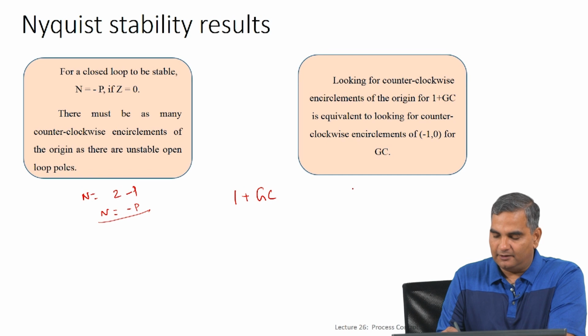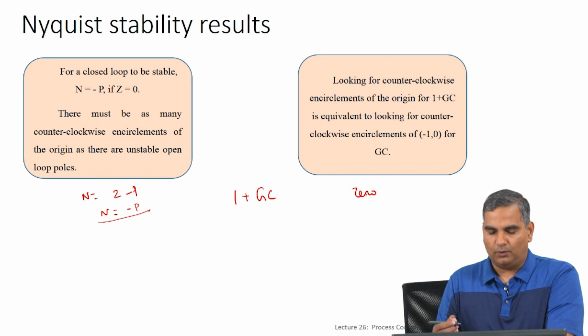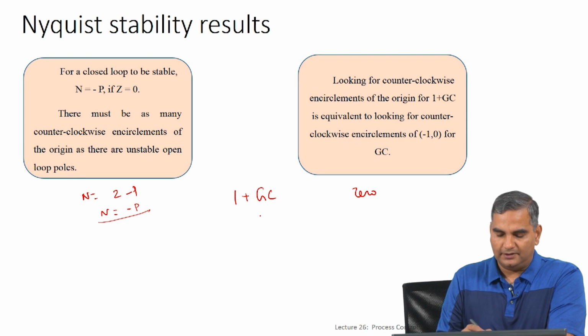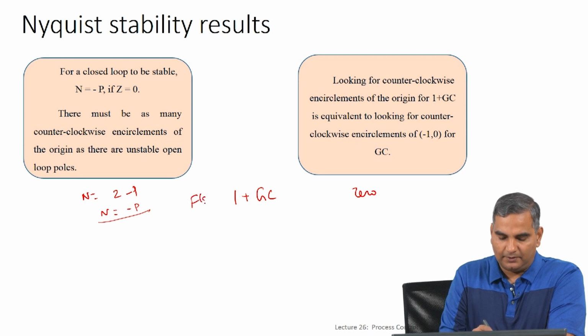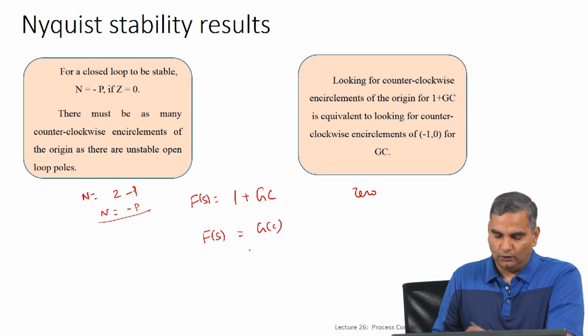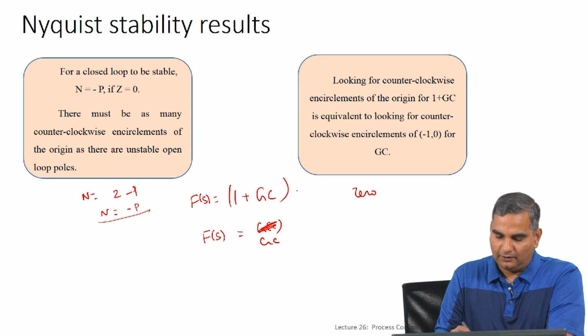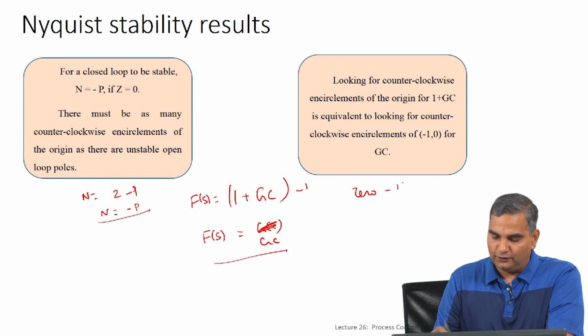Now, one last thing, whenever these plots are given, since we are interested in 1 plus GC, we were looking at encirclements around origin, but typically the plots, what they do is they do not plot 1 plus GC, typically the plots are for GC. So, if you want to get GC from 1 plus GC, you have to subtract 1 here. So, whatever is an encirclement around 0, when I plot for GC, I have to look for 0 minus 1.